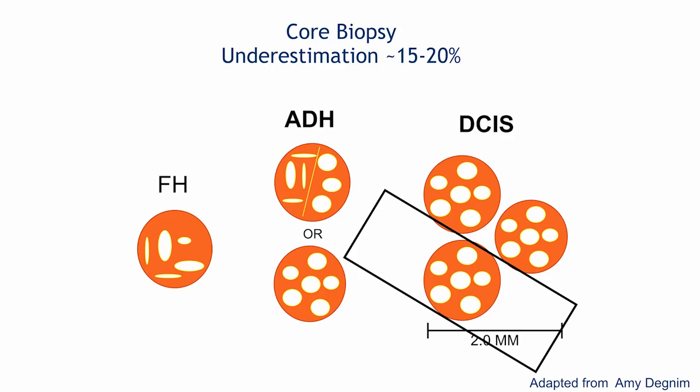So this would be an example if the rectangle, if that's the piece of the tissue that's taken out by the needle biopsy, by the core biopsy, and that's all that the pathologist has to look at, it's not always so clear what is the diagnosis.